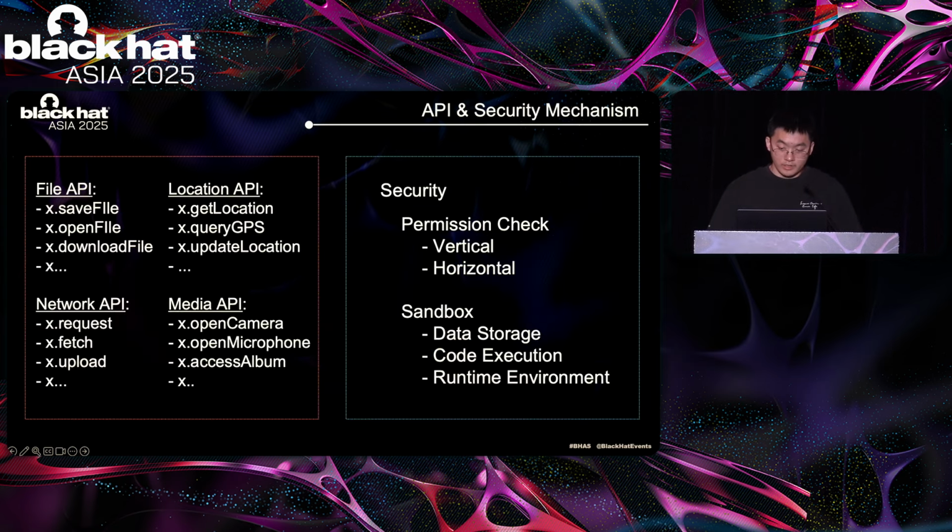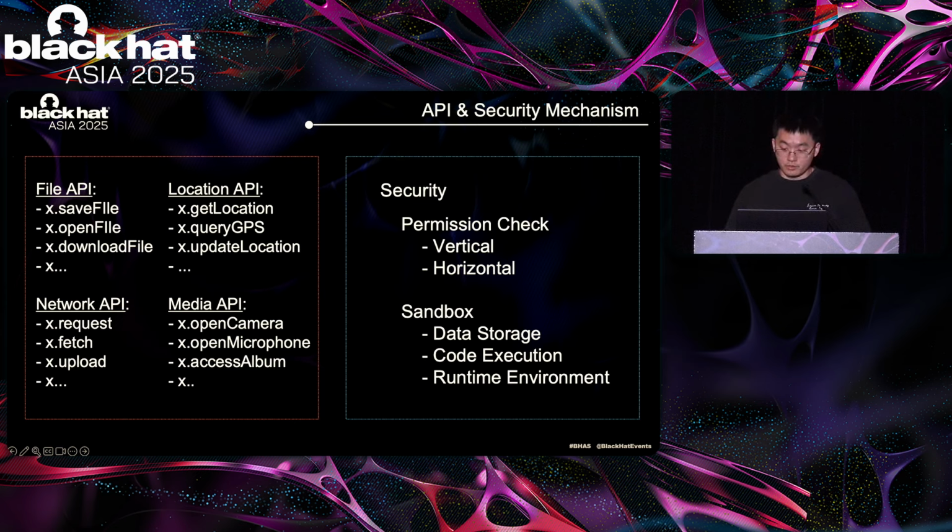Here we list some basic capabilities of mini apps. In short, mini app developers can use a series of APIs to interact with super apps, such as using APIs to manage the file system, access the network, get location info, and access media, open the camera, microphone, or access the user album.